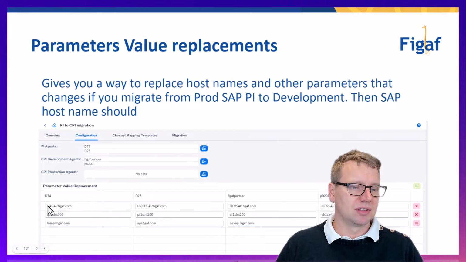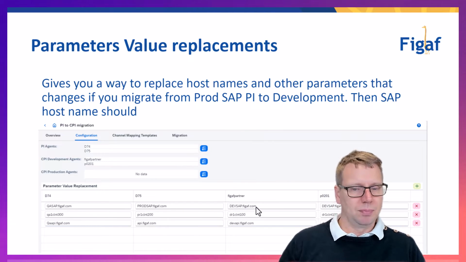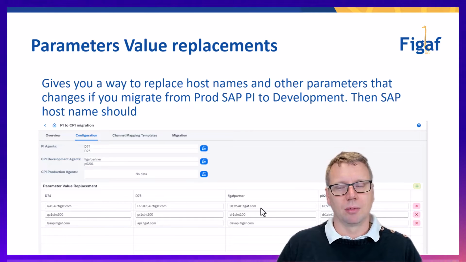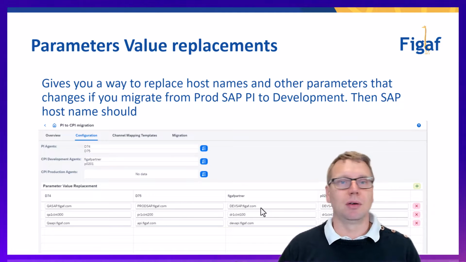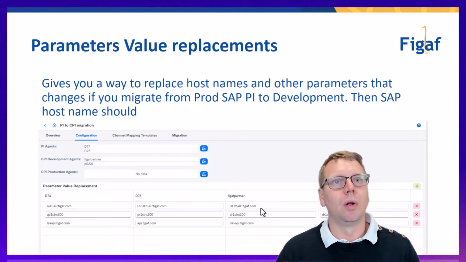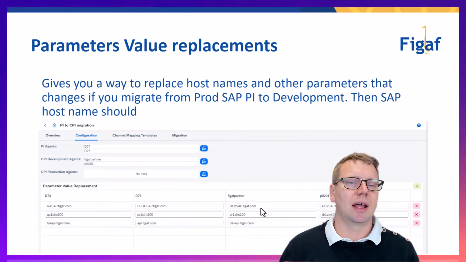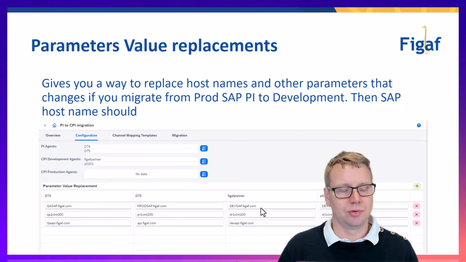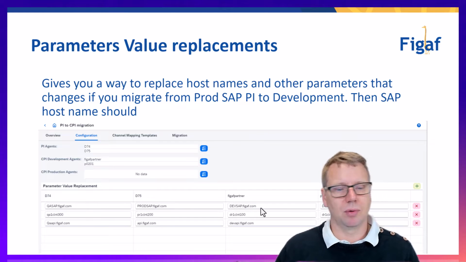If you have a host that says QA SAP host.figaf.com, it would then be replaced with subdev.figaf.com. So you don't need to remember what the changes are for your ERP host names, S4 host names, all of these different paths. They can be automatically translated as part of this. This just makes it easier for you to migrate and allows you to remember less about what is going on.